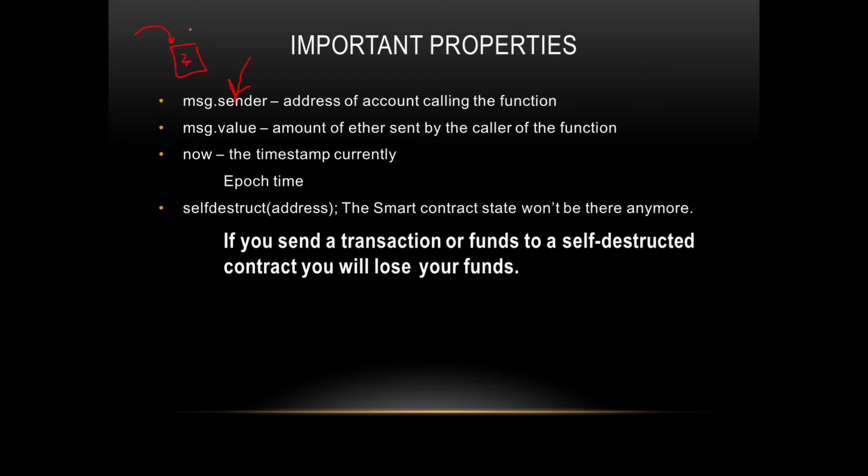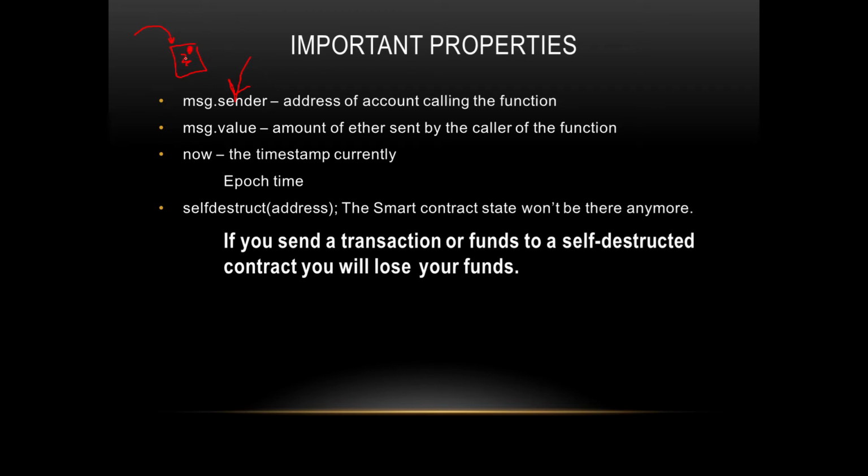So we can write a constructor out here. What does this constructor do? It will take the message.sender and place it in some variable, let's say a variable known as owner.